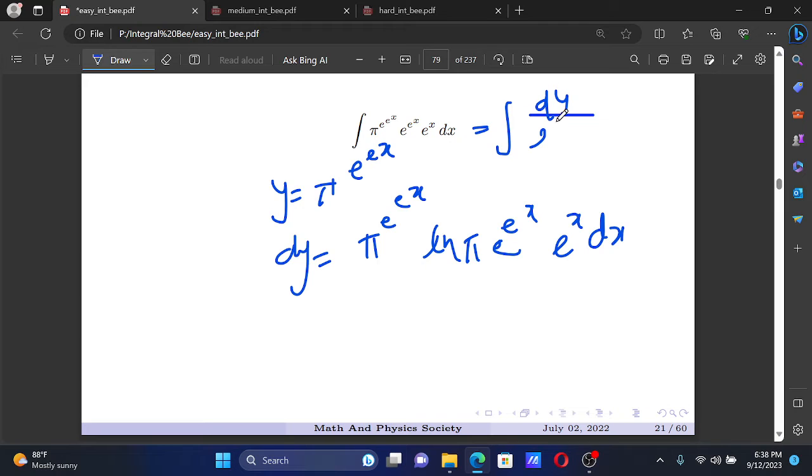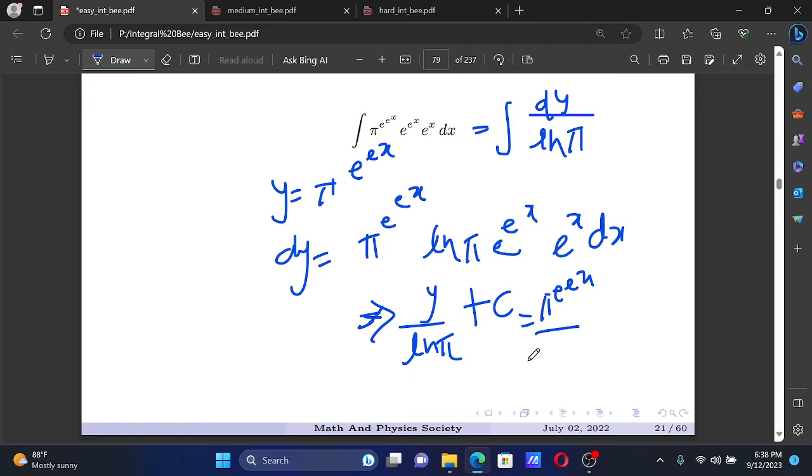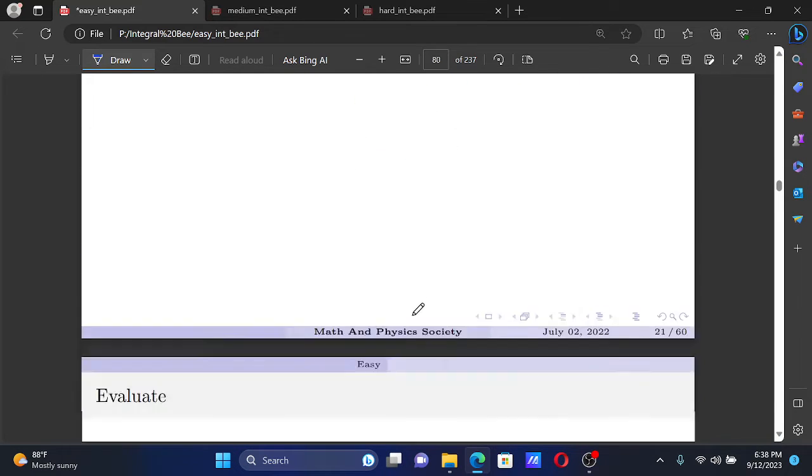You can see from here, the integral will be y by ln of pi plus c, and our y is just pi times e to the power x, by ln pi, plus c. So that's the answer.